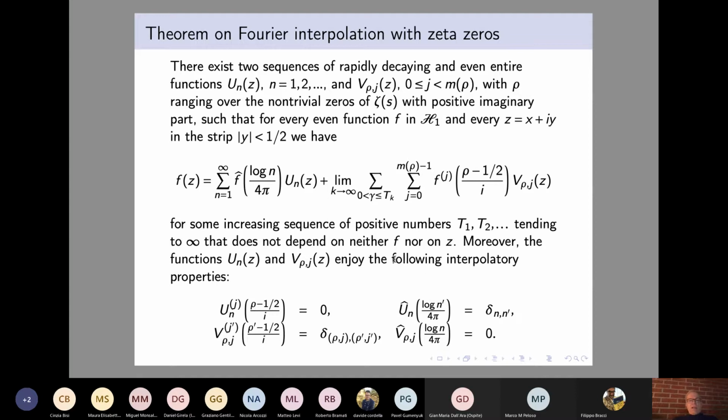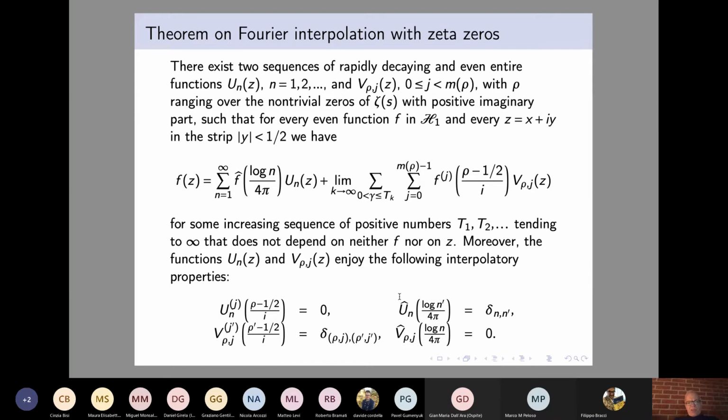And there is another important thing to say about this, and that is that these functions u_n and v_{rho,j} have the following interpolatory properties.